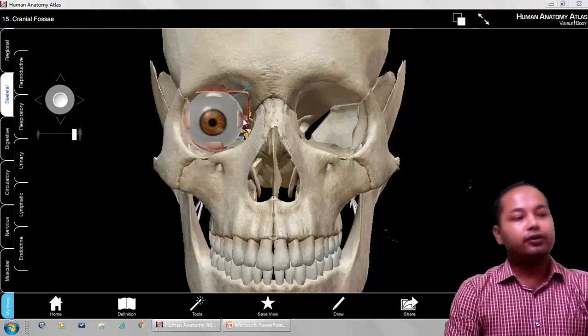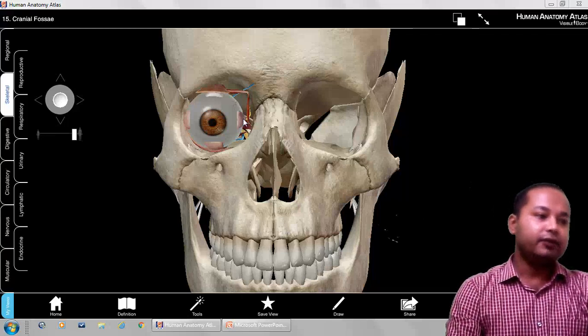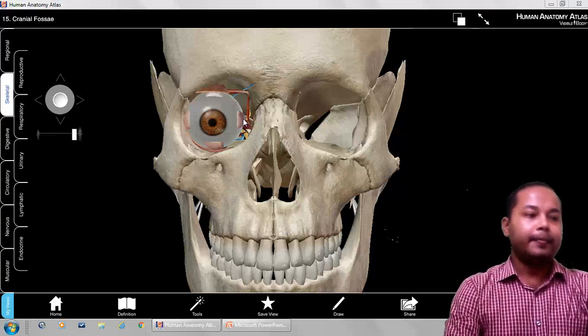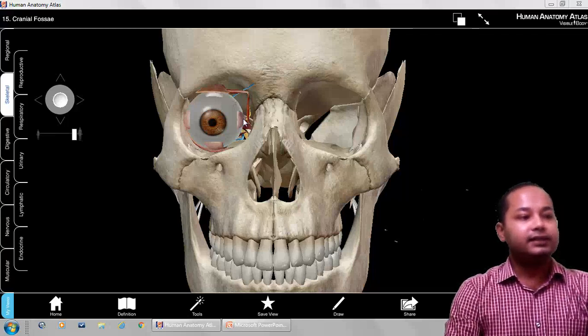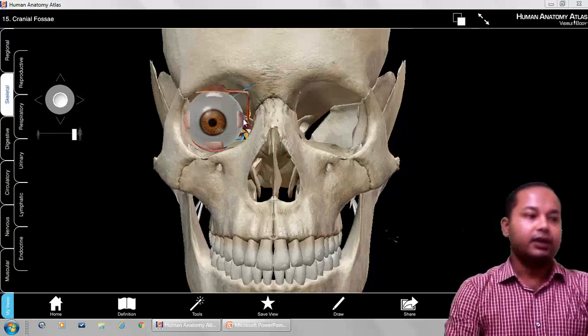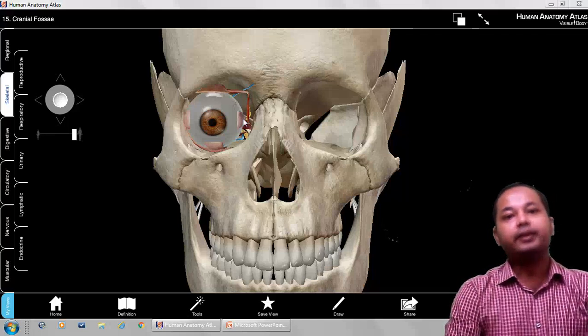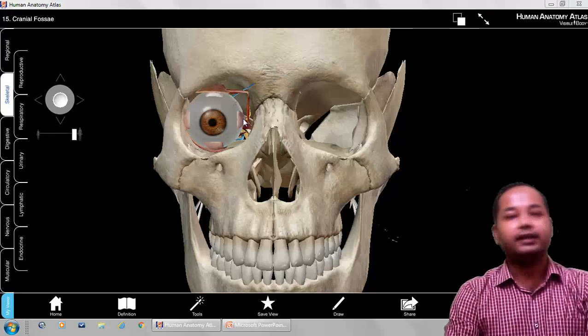Before going on to the orbit, if you have a look at the skull, you will realize that the orbital cavity occupies the upper part of the skull, and it is bounded by certain bones. But before that, I want to tell you the generalized geometrical architecture of the orbit and its cavity.